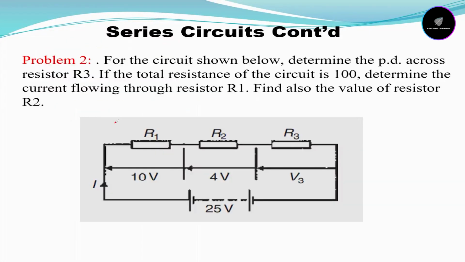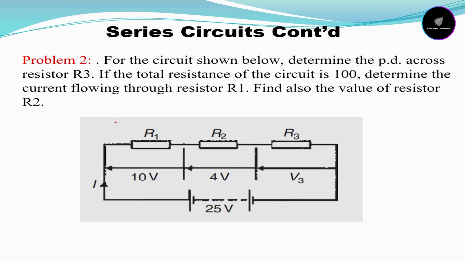Now let's go over to the next exercise. The next exercise says, for the circuit shown below, determine the PD across resistor 3. If the total resistance of the circuit is 100 ohms, determine the current flowing through resistor R1. Find also the value of resistor R2.